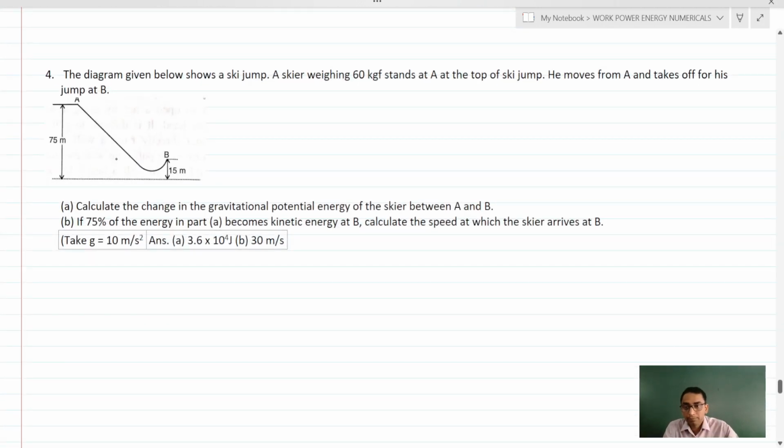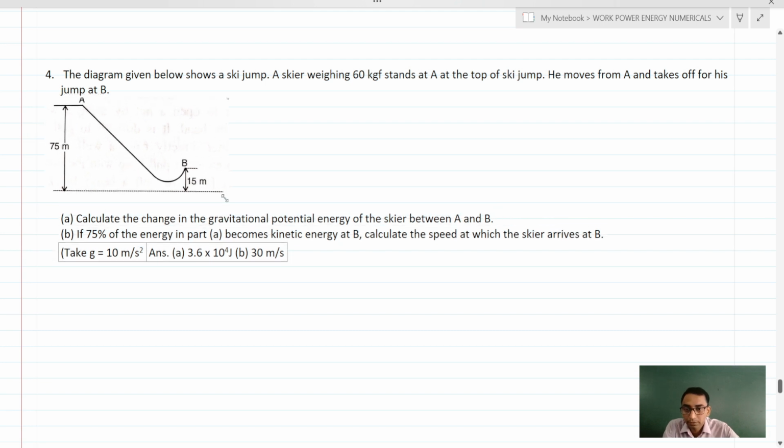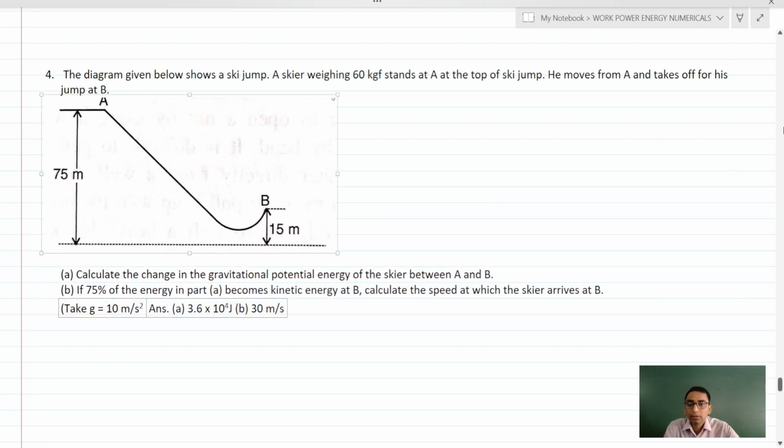Now, in this diagram, we are given that a ski jumper of weight 60 kgf, that means the mass of that person is 60 kilogram, stands at point A. So the person is standing somewhere over here, and then he moves from A, takes off the jump from B. So that means he is going to slide down, which means the potential energy is going to decrease because the height above the ground is decreasing.